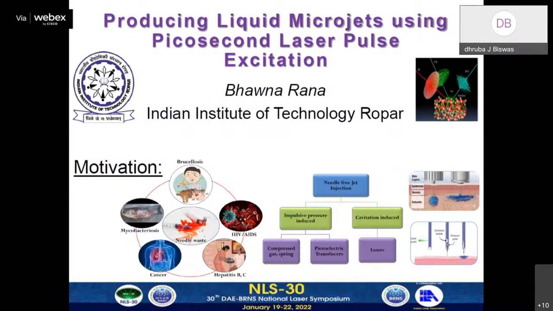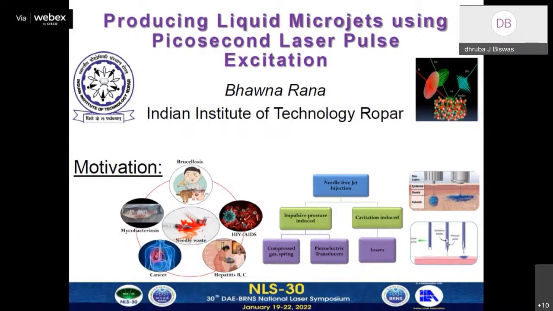So in order to combat this particular situation, various needle-free jet injection systems have been introduced and improvised with time. The conventional systems include compressed gas springs and piezoelectric transducers. But recently, the introduction of lasers in this field of needle-free injection systems has revolutionized the field.